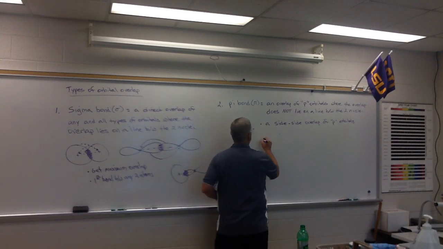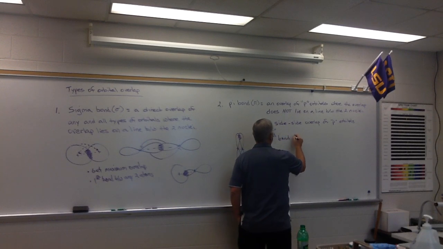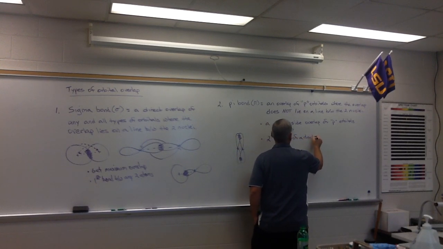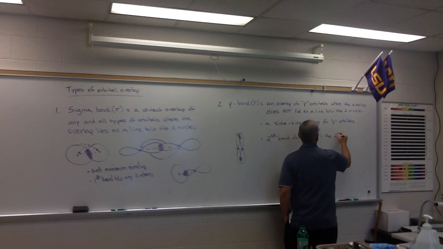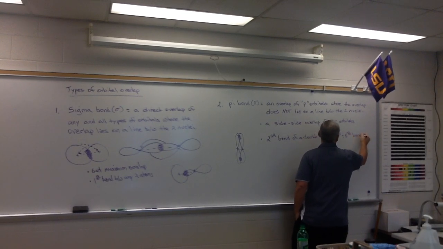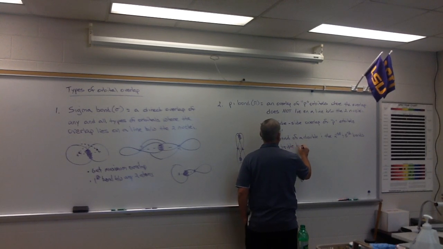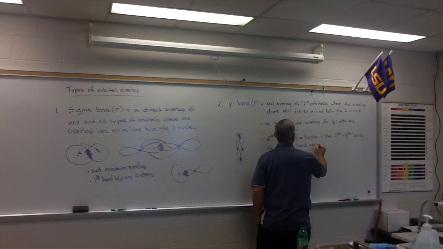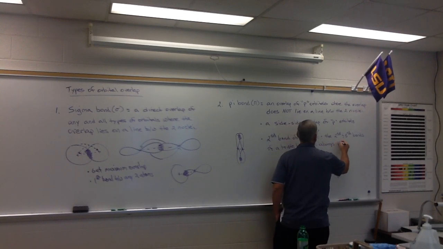But the second bond of a double bond, and the second and third bonds of a triple bond, are always pi bonds.